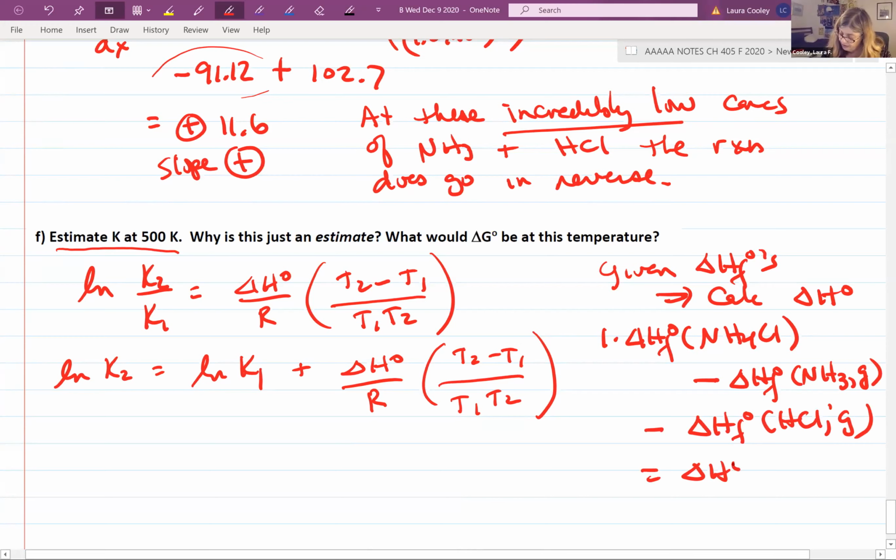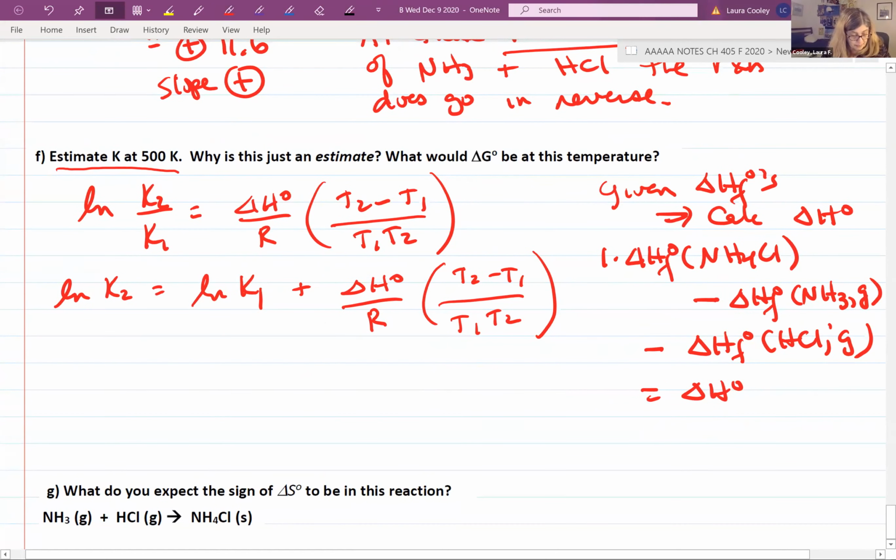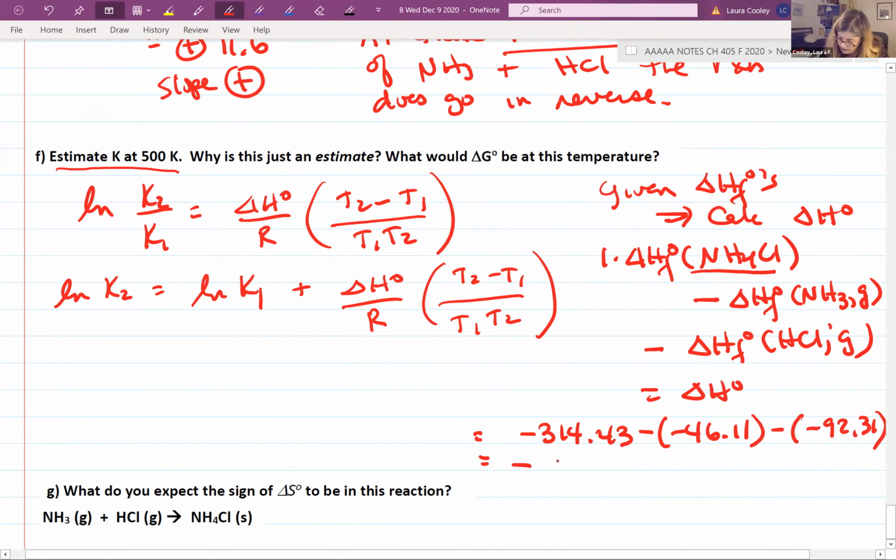So you could put those numbers in: minus 314.43 for the ammonium chloride, minus 46.11, that's the ammonia, minus 92.31 for the HCl, and it comes out to negative 176.02.